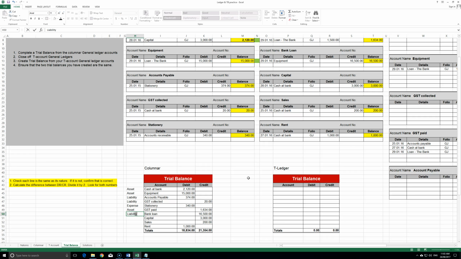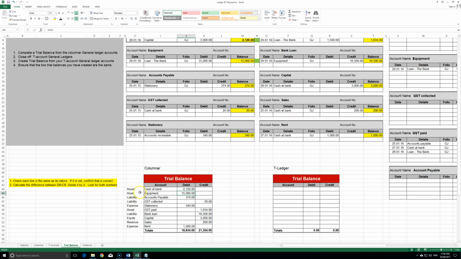Bank loan, liability, equity, revenue, and expense. So the nature of an asset is a debit, and it's on the debit side, so good. Now, it won't always be on the debit side if it's an asset. For example, perhaps we have withdrawn more than we owned from the bank account. It could be an overdraft, in which case it would make sense for it to be on the credit side. But this is just a good check for easy mistakes.